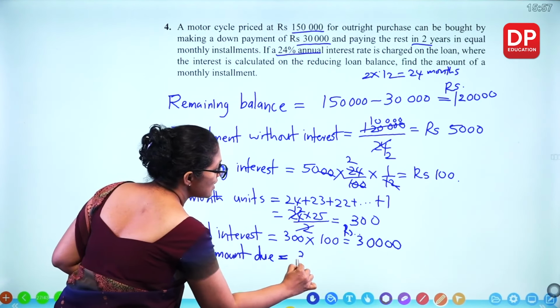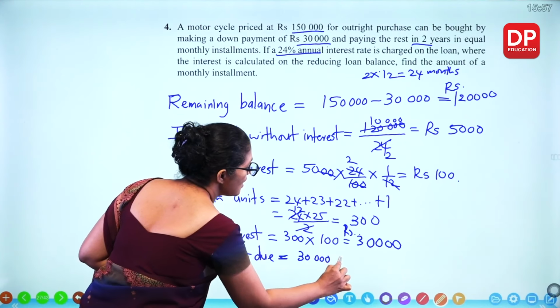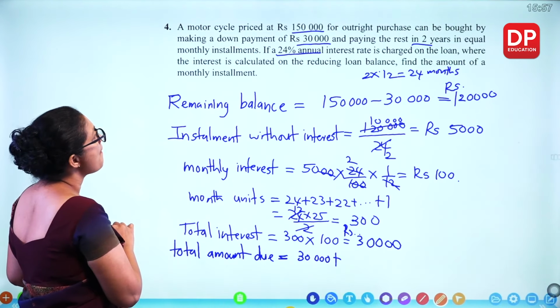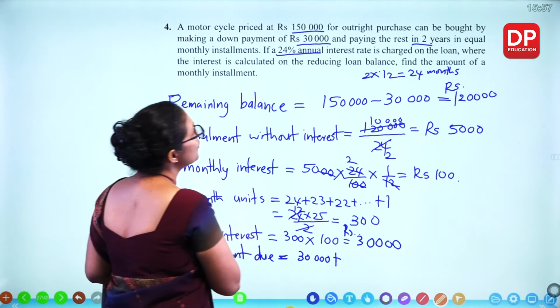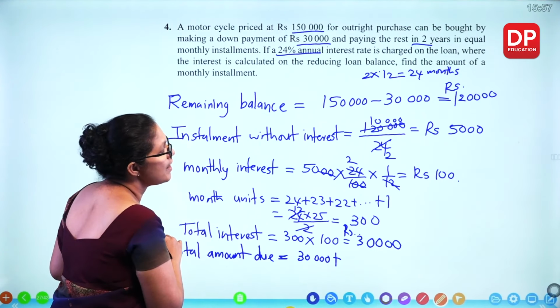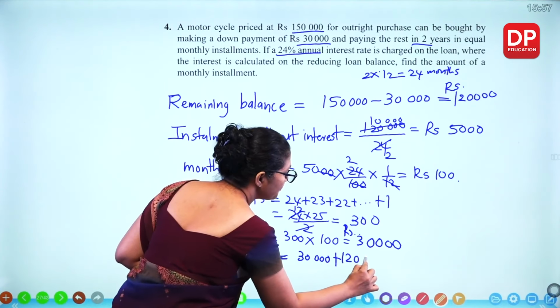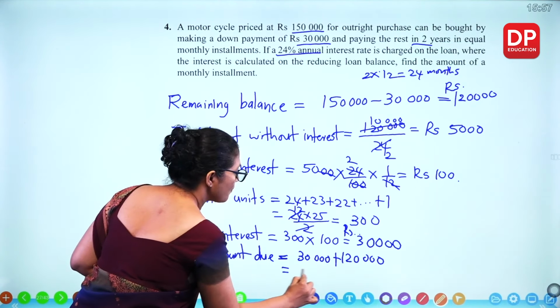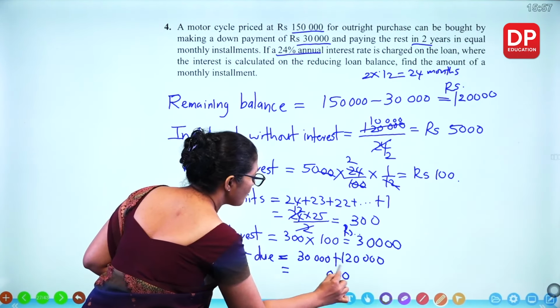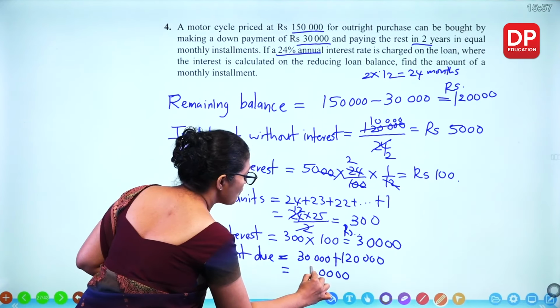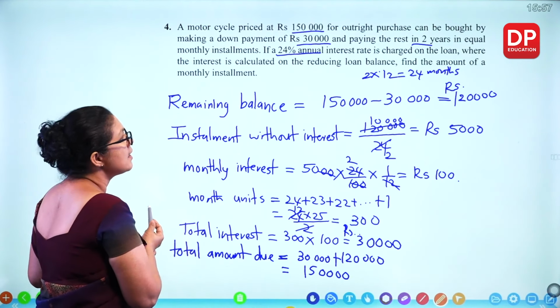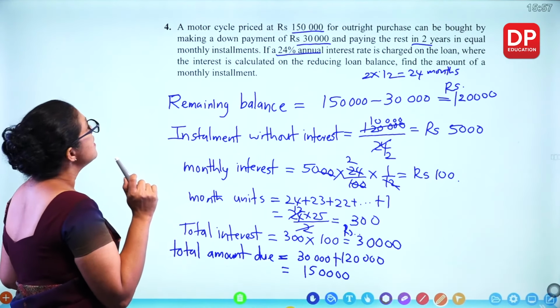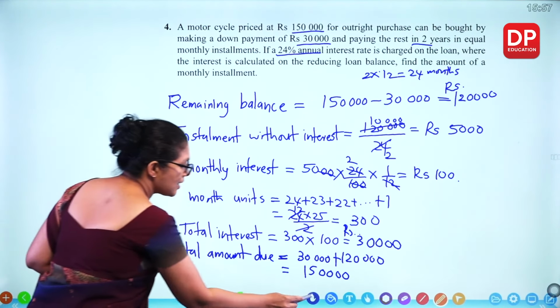That's the total interest, 30,000, plus the remaining balance, 120,000. 150,000, and we need the monthly installment.